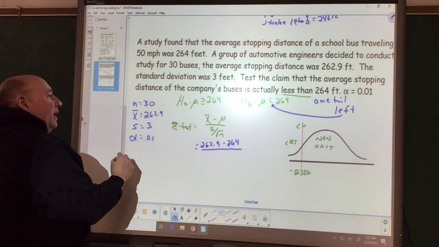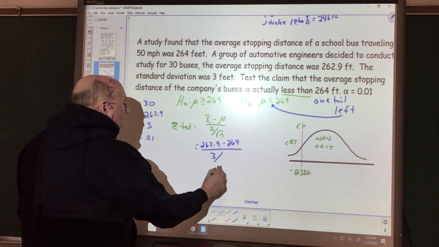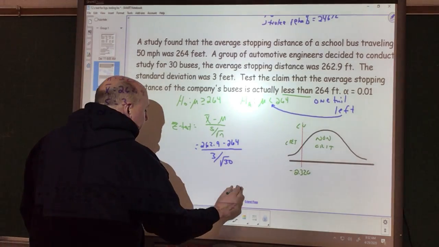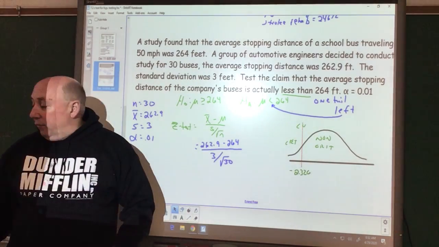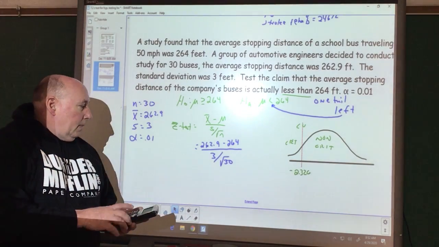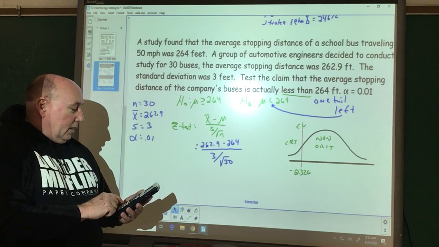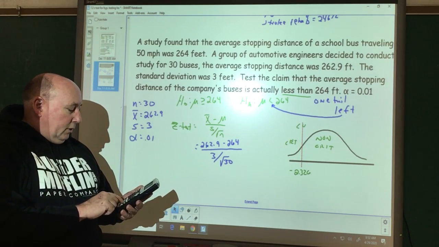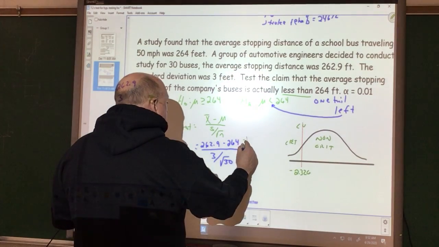Our standard deviation is a value of 3 divided by square root of 30. Once again, I tend to just do the top part first. Saves me having to put an extra set of parentheses in there. Minus 264. This comes down to negative 1.1.